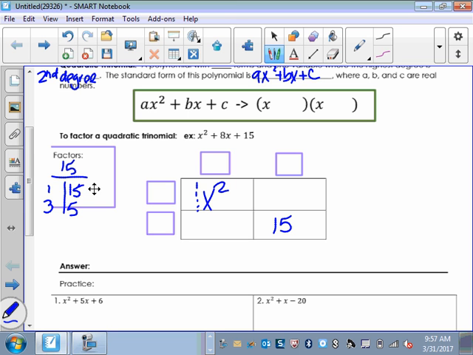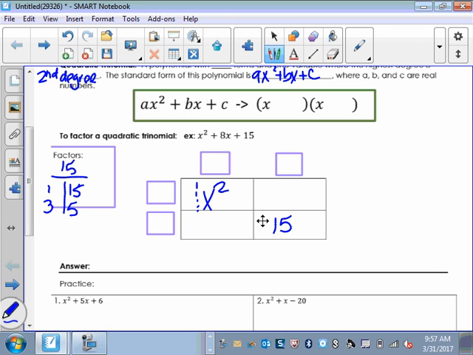So what we need to do is come up with numbers that we can add together that will give us 8x. So if I were, don't write this down on your paper, if I were to do 1x plus 15x and put them in this box, 1x plus 15x gives me 16x, and my goal is to get an 8x, so this combination will not work.